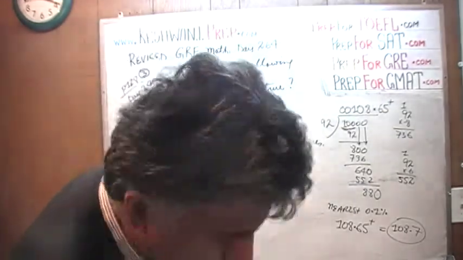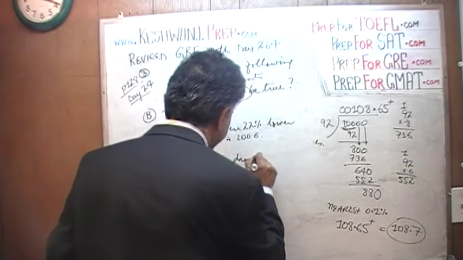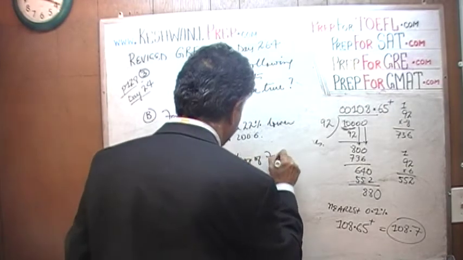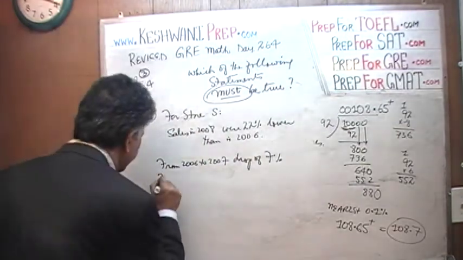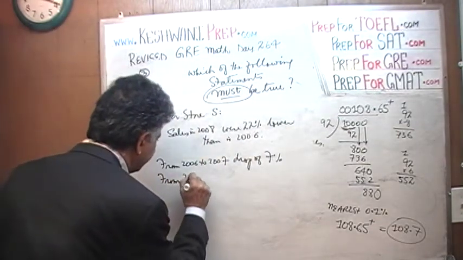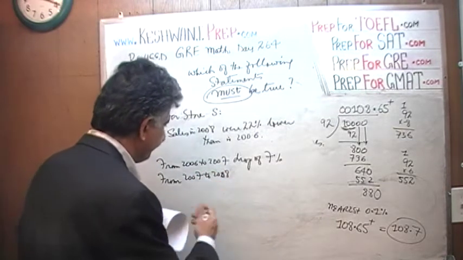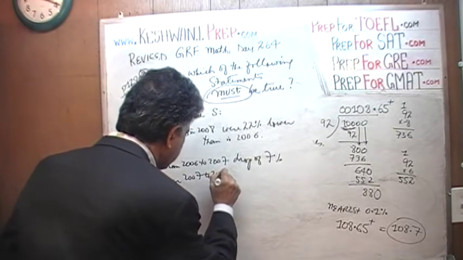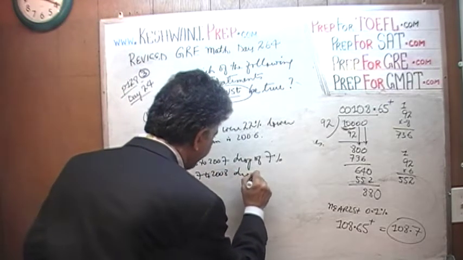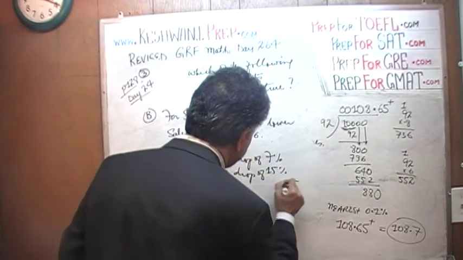We are told there is a drop in the sales, drop of 7%, we are told, and then they go on to tell us that from 2007 to 2008, there is another drop of 15%.